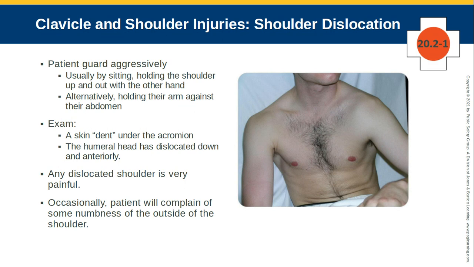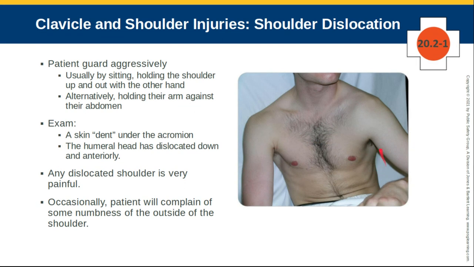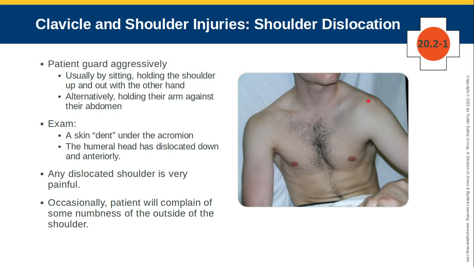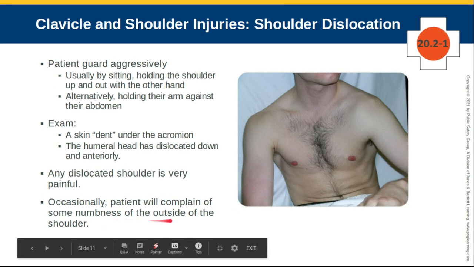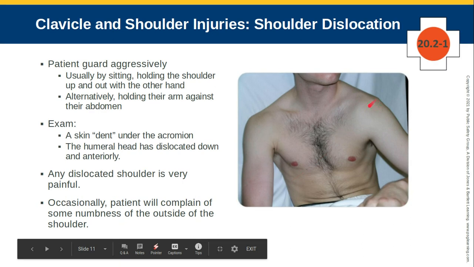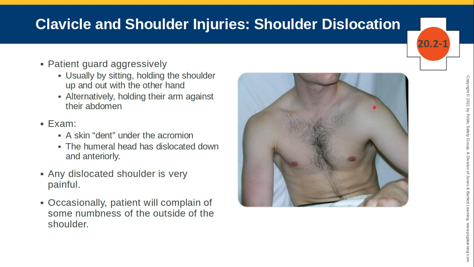Okay, we'll see that they may want to hold that away from the body. We may see a dent at that location, and they're going to be in a considerable amount of pain, and they likely will have some numbness on the outside of the shoulder due to disruption of the nerves in the joint.